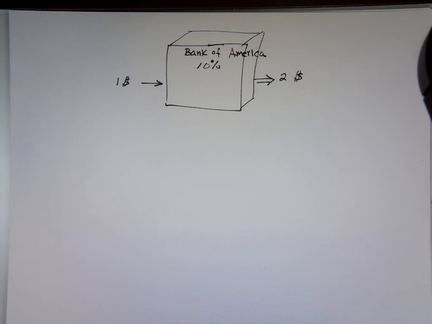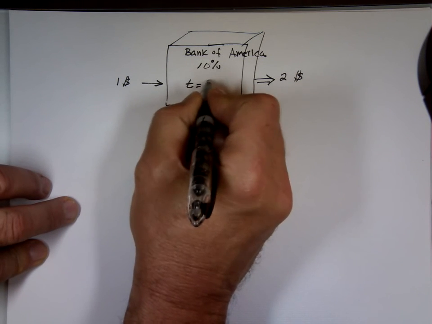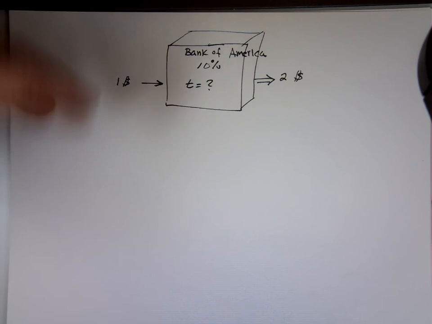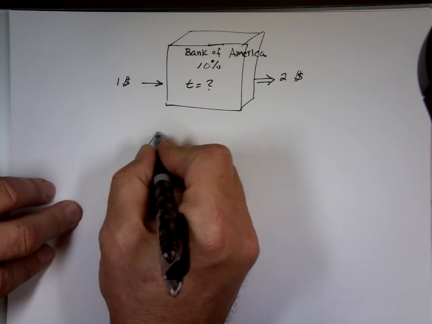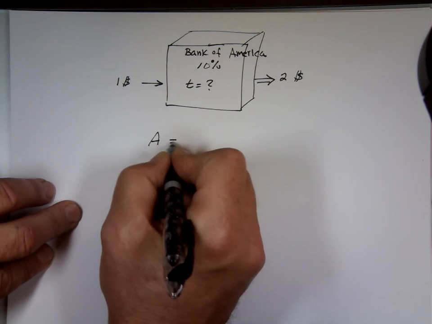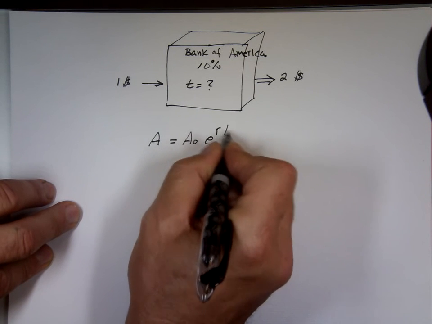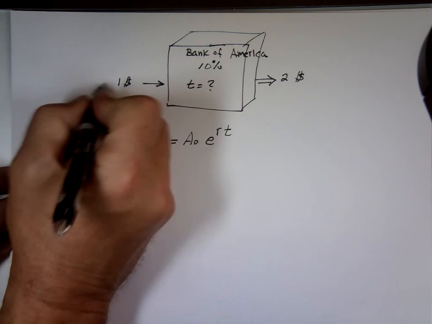So the question is, how many years will it take to double my money? I don't have to use $1. I could use any number, $5 or $10. Remember, the equation the bank used is A equals A0 e to the rt. A0 is the initial amount, that's what you're depositing.